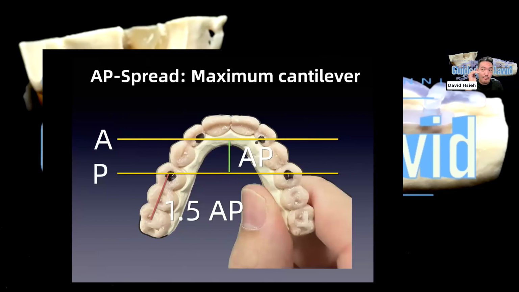That is called the AP spread. It tells us a very important thing: how much cantilever we can afford, right?